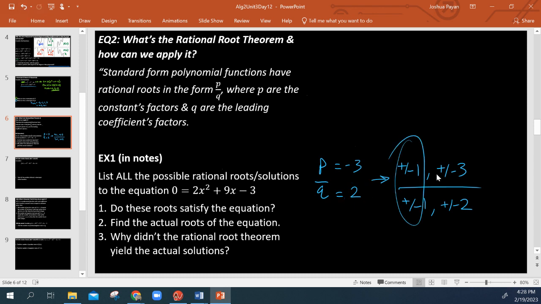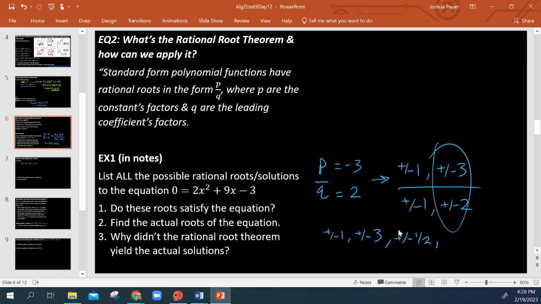So first we look here. Plus or minus 1 over plus or minus 1, of course, that would just be plus or minus 1, right? Plus or minus 3 over plus or minus 1, well, that, of course, is just going to give me plus or minus 3. Okay, now we're looking here, plus or minus 1 over plus or minus 2. Well, that's just plus or minus 1 half.